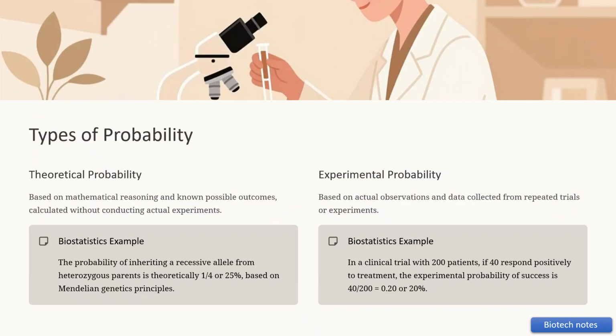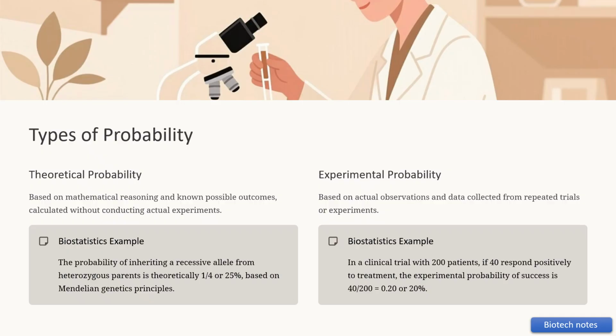Next, let's discuss types of probability. There are two types of probability, theoretical probability and experimental probability. Theoretical probability is based on mathematical reasoning and known possible outcomes, calculated without conducting actual experiments.